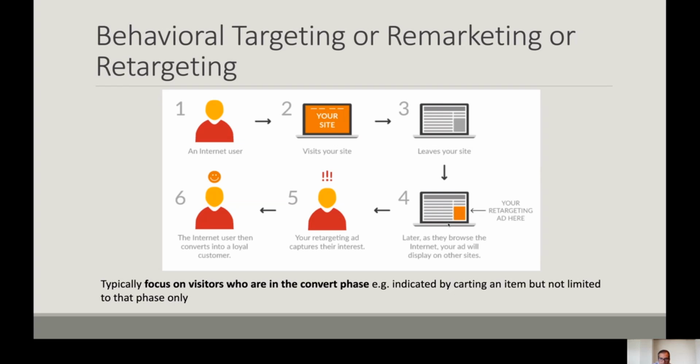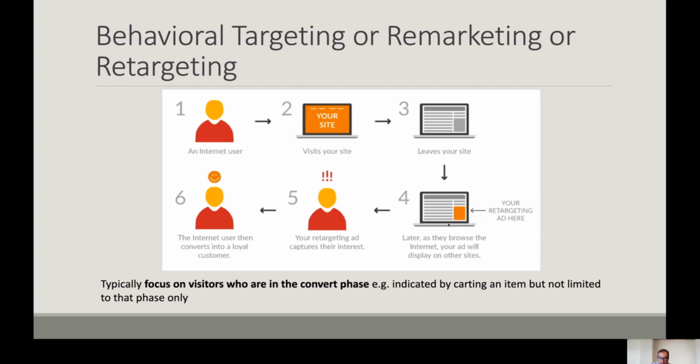And the big deal here is that, based on the behavior that they displayed at step number two, ads can be selected and shown to these users while they are consuming content on other websites out there in step number four. And this makes it really powerful because think about this: a consumer at step two may be visiting an e-commerce site and looking at the product page of a shoe.